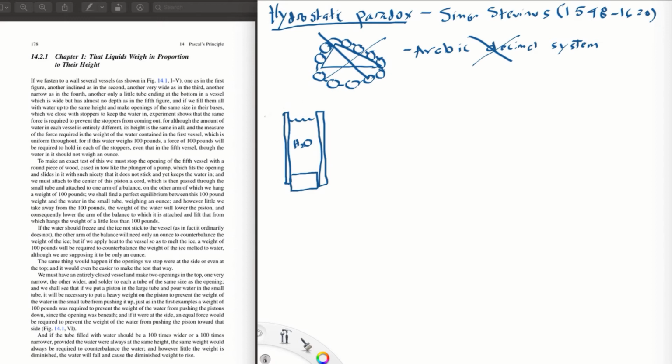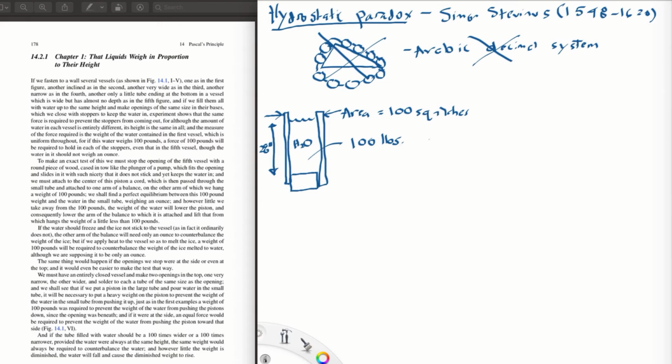Let's suppose the diameter of this cylinder is such that the cross-sectional area of the tube is exactly equal to 100 square inches. And if this water is 28 inches tall, then the weight of this water is going to be exactly 100 pounds of water in this tube.